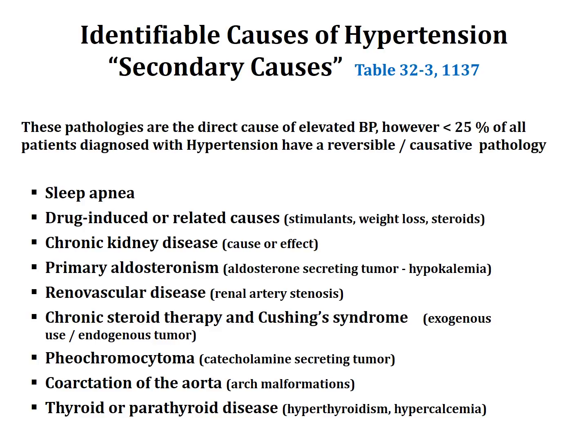We talked about that in the endocrine unit. Pheochromocytoma, tumors of the adrenal medulla, releasing catecholamines like epinephrine and norepinephrine. We talked about that. Vascular diseases such as coarctation of the aorta.